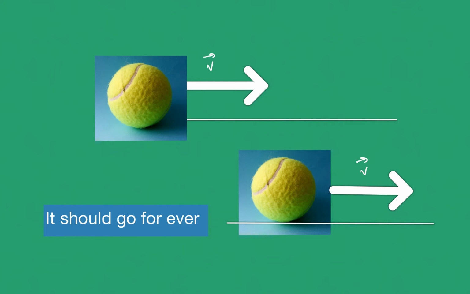It will happen forever if you don't make a force on the object. So what a force will do is change this vector velocity. Maybe it will change the direction, maybe it will change the magnitude.